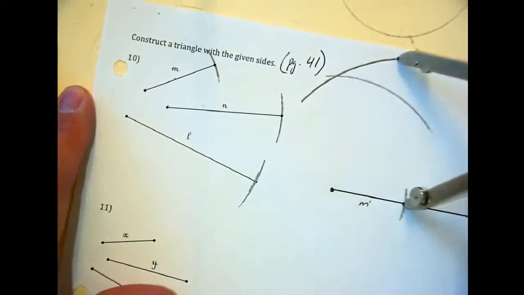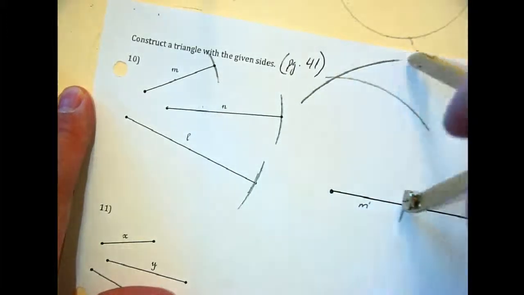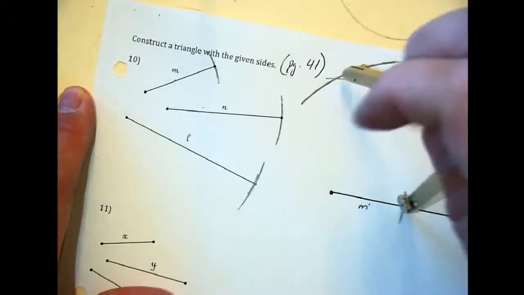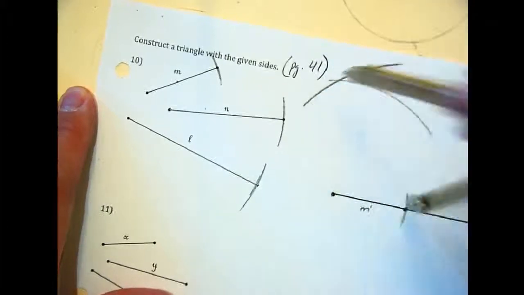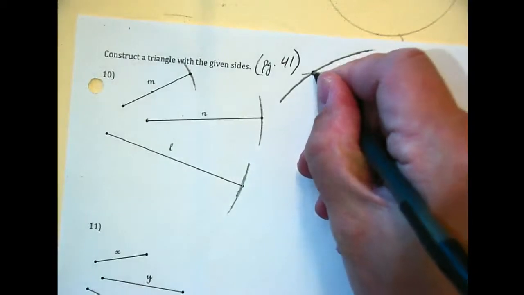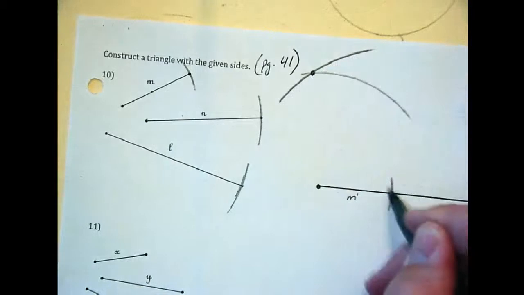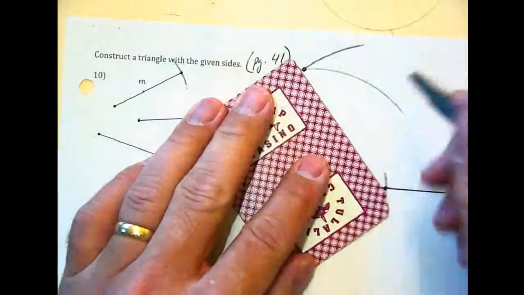Because every point on this arc, I could draw a line out and it would be the length of L, but I'm really concerned where this arc and my previous arc intersect, because that now allows me to draw from this point to there, and it gives me length L.